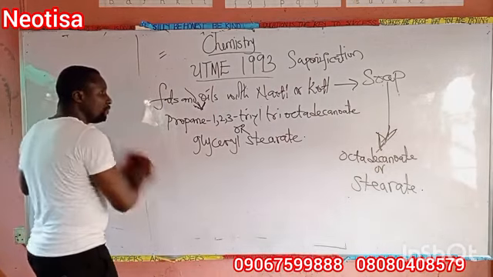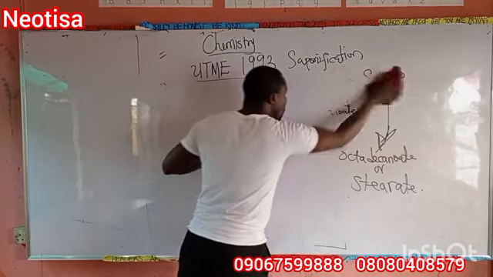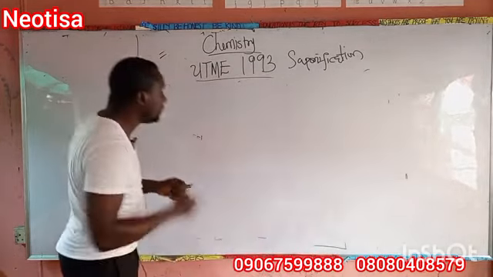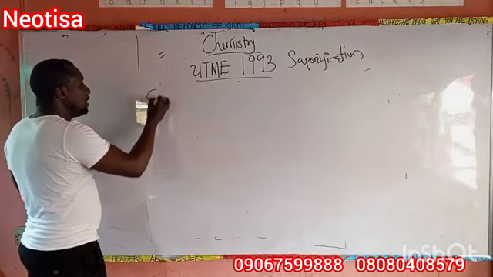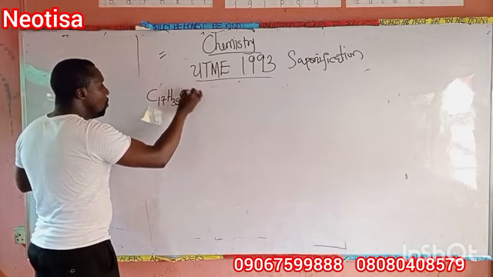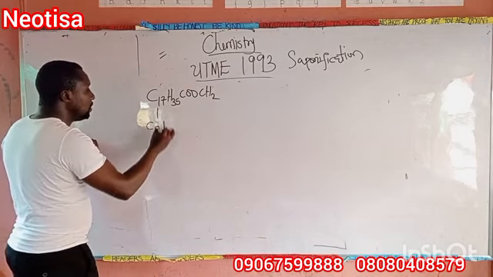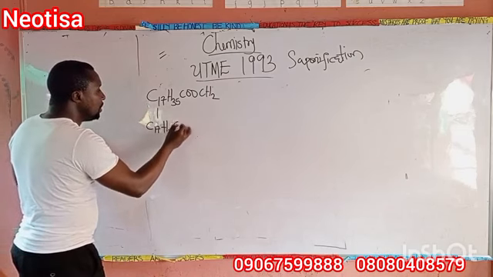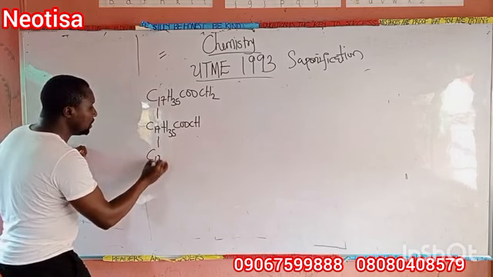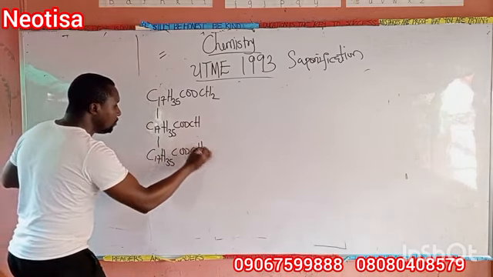When you have fat and oil reacting with what? Sodium hydroxide. That means you have C17H35COOCH2, C17H35COOCH, then C17H35COOCH2.